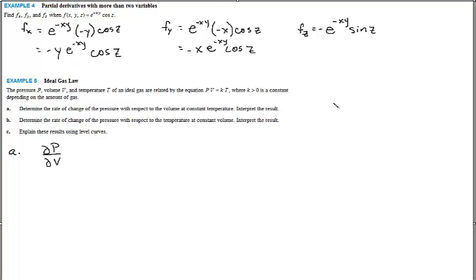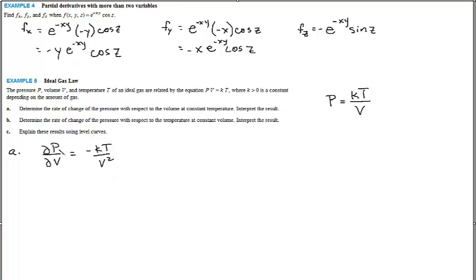So I'm going to rewrite this equation as P equals KT over V. And if I do that partial, V is in the denominator, so it's like V to the minus 1, and when I take that derivative I'm going to end up with minus KT over V squared, because I brought down that negative 1 and subtracted 1 off of there.